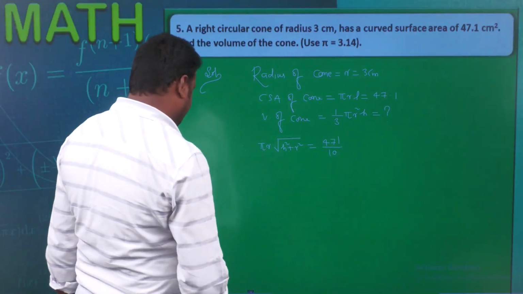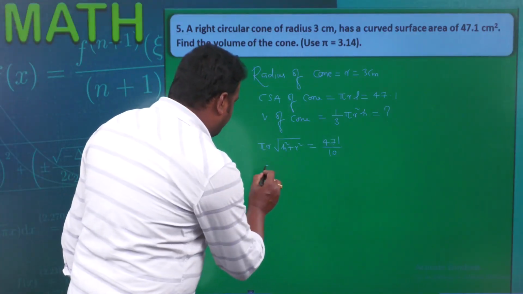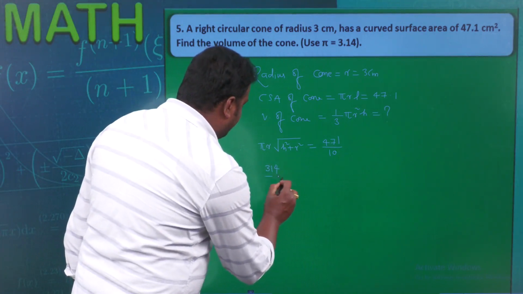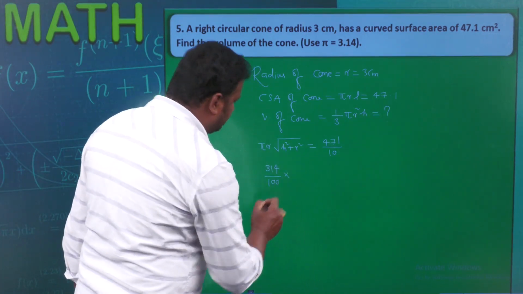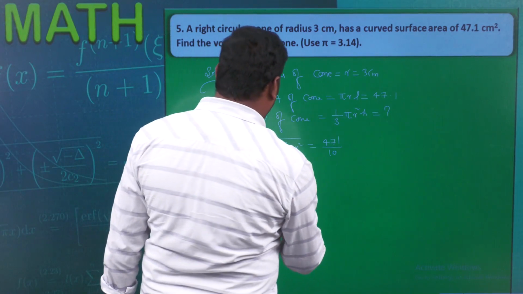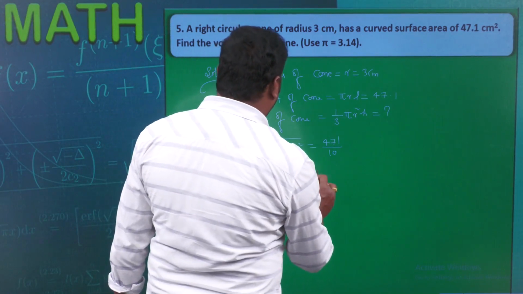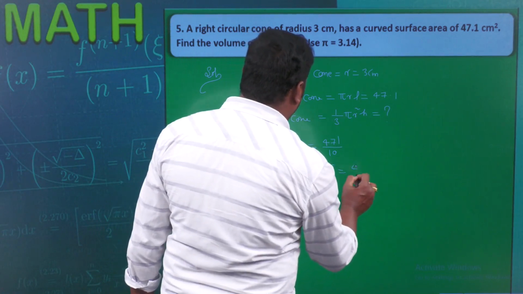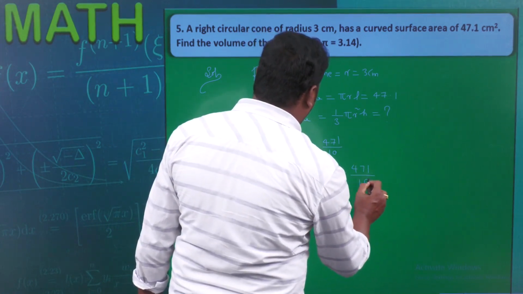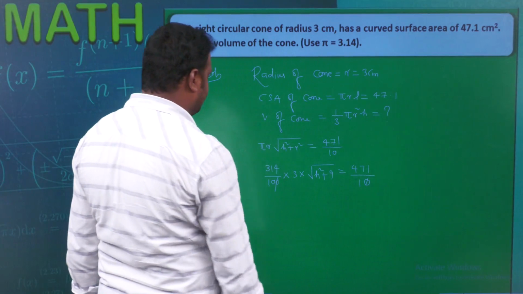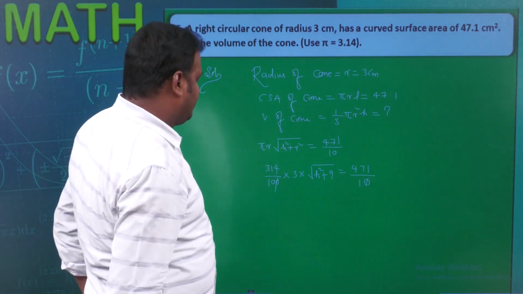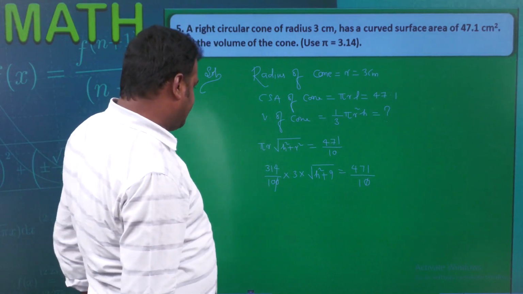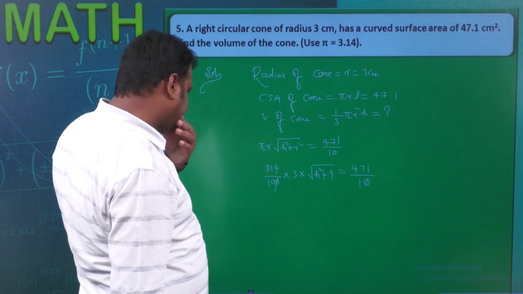3.14 is equal to 314 divided by 100, into radius 3, into root over H² plus 3², which is 9, is equal to 471 divided by 10. So the 10s can be cancelled. 314 and 471, is it possible to cancel both of them by any number?